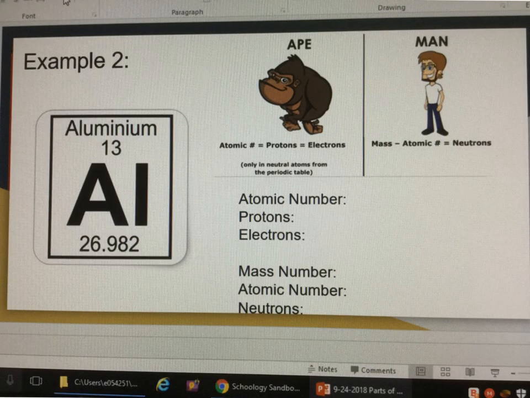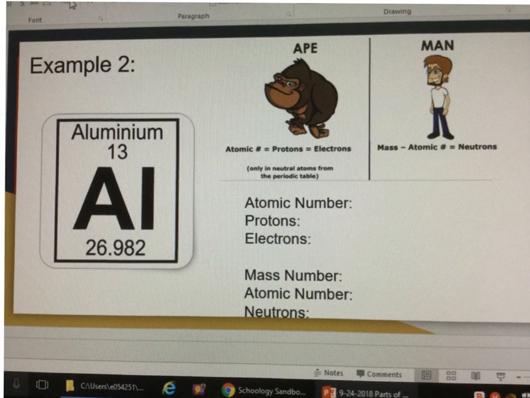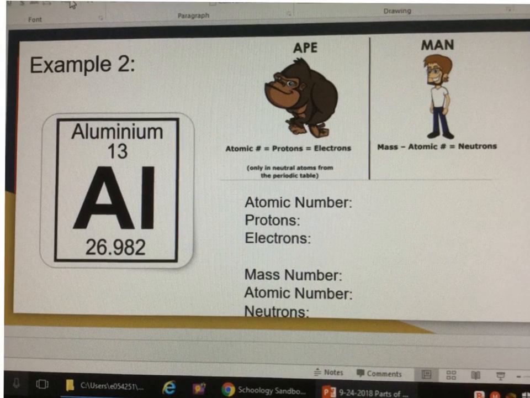Okay, let's try another one. This is aluminum, and this is what you should see on your periodic table as well, this box. Okay, so let's do one by one. Atomic number. Remember, your atomic number is the same as your protons. So because the atomic number is 13, your protons are also going to be 13.